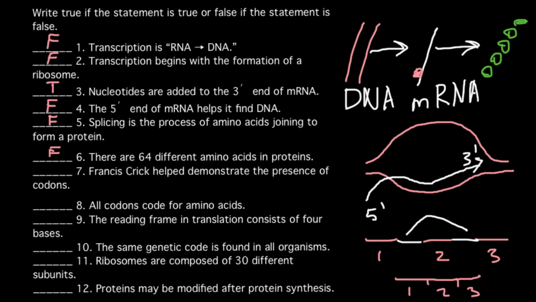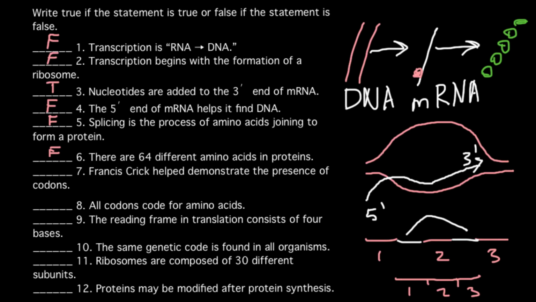So next statement, Francis Crick helped to demonstrate the presence of the codons. And if you think that this is a false statement because Francis Crick's research was about the structure of the DNA, this is not false, because this was not the only research in which Francis Crick took part.